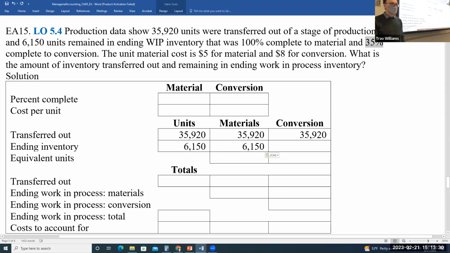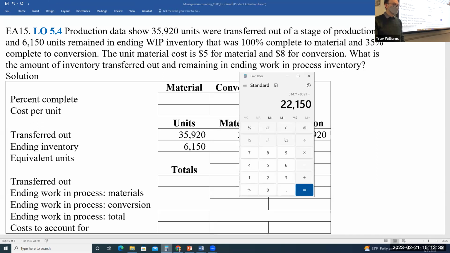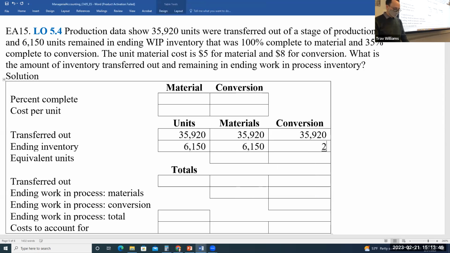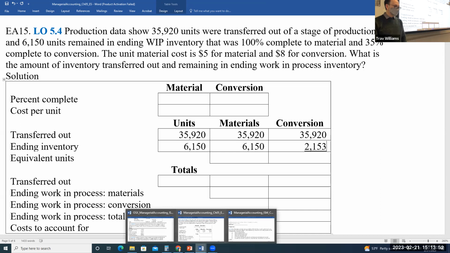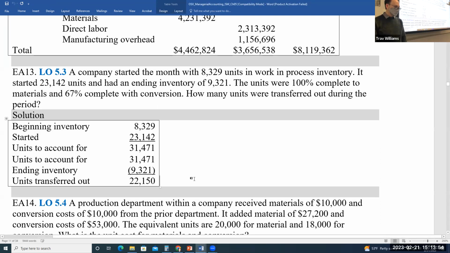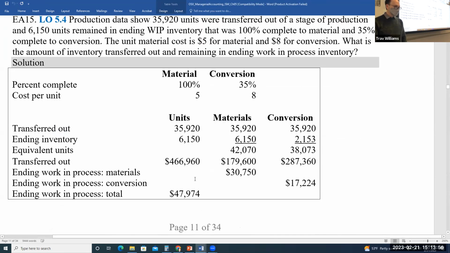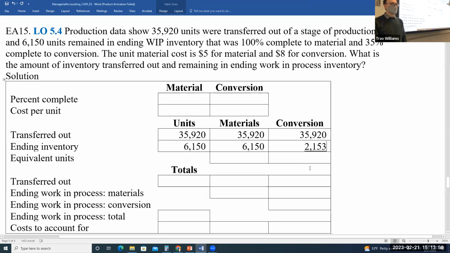They tell us the conversion is 35% complete. So we take those 6,150 units in process times the 35%, 2,152.50. I'm going to say that we are rounding that up, but let's double check, make sure they rounded it up as well. Yes, 2,153.